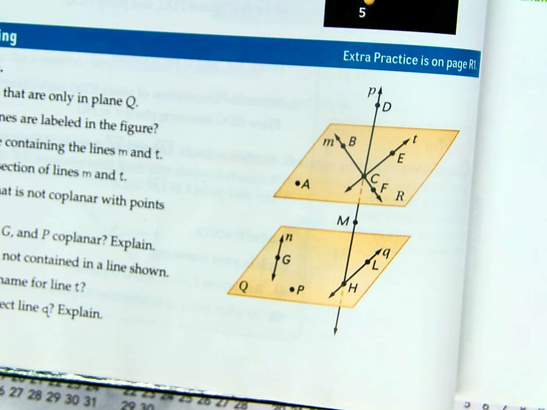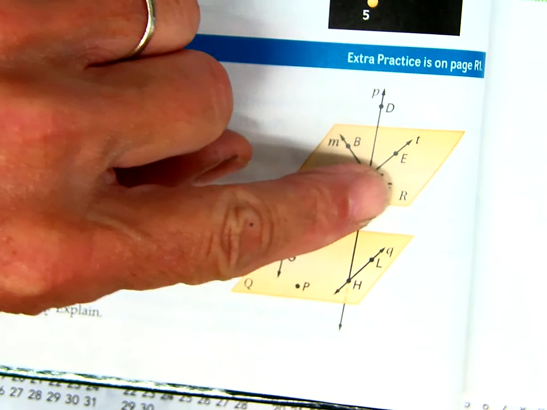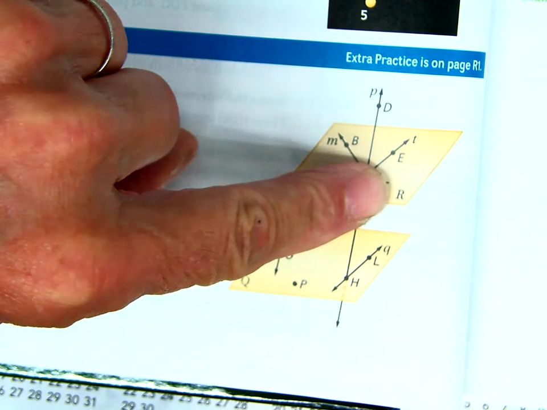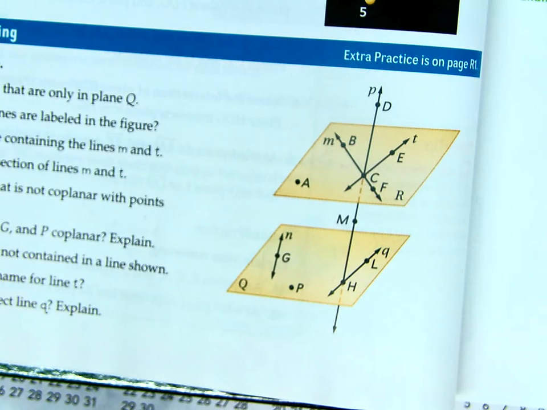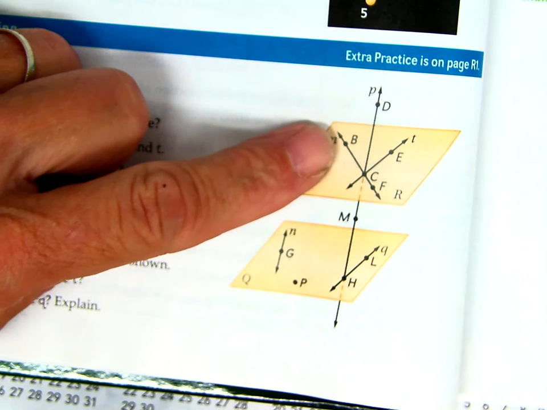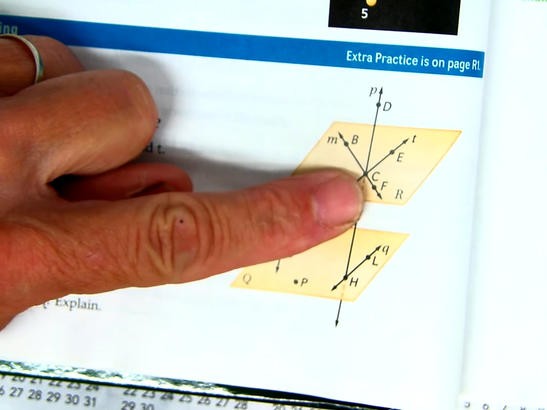Yeah. So you can name a plane with the italicized capital letter R, or you can name it using 3 points that are in the plane. Only the 3 points can't be on a line together. 2 of them can, but the third one can't. So Harris said BEF.